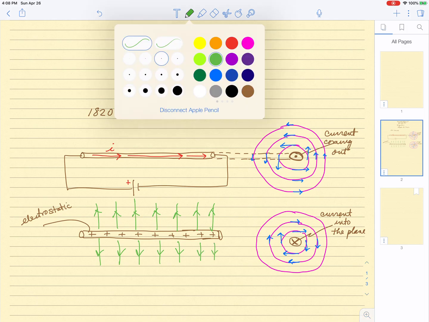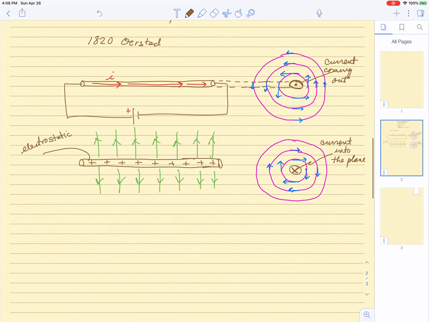And if we were to look at it on end, positive charge right down the barrel of that wire, then what we would see is electric field coming out cylindrically symmetric. So these are electric field lines. These are electric field lines. Very different than this circular nature of the magnetic field.